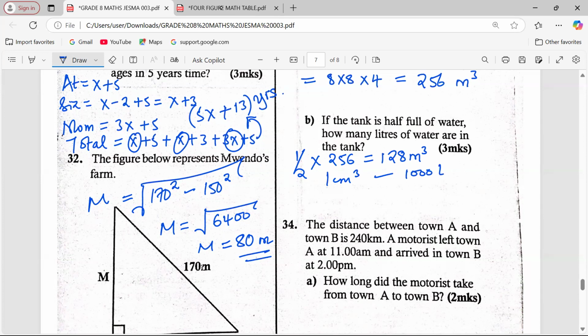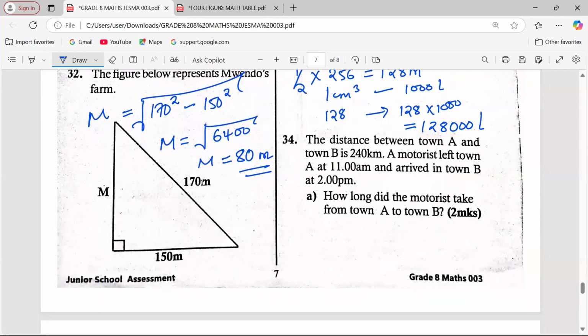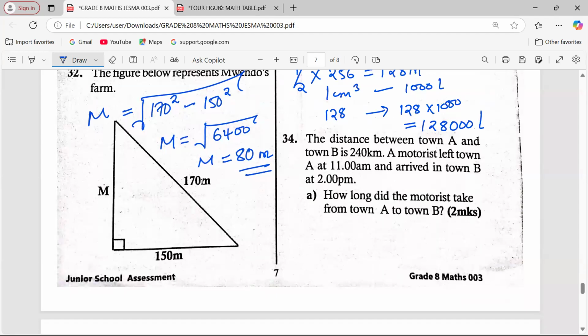And now that we have 128 cubic meters, we have to multiply by 1,000. This will automatically give us 128,000 liters of water.